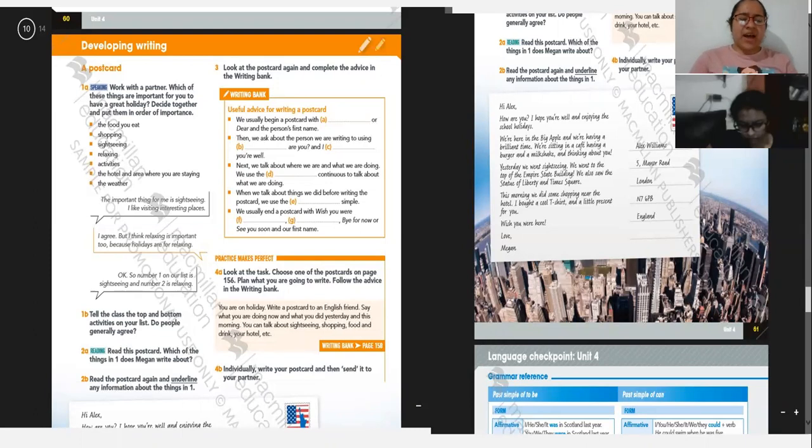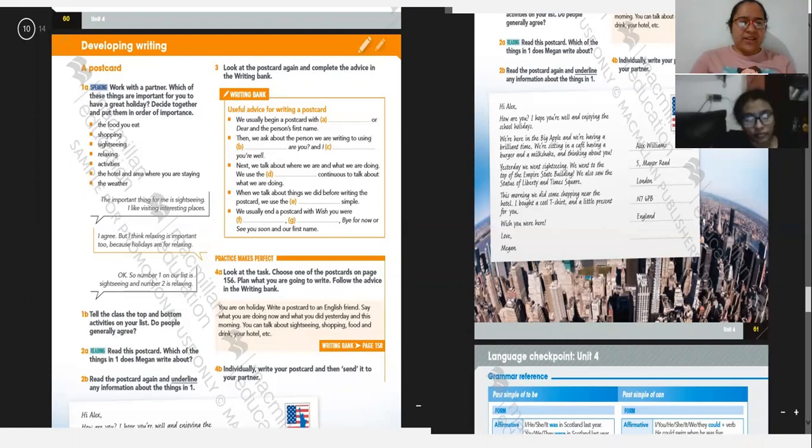I think this kind of activity is very good because first they need to think what they are going to write, they need to put the ideas in writing, and they need to order them, and see all the mistakes that they may make, maybe grammatical errors or details in these activities.